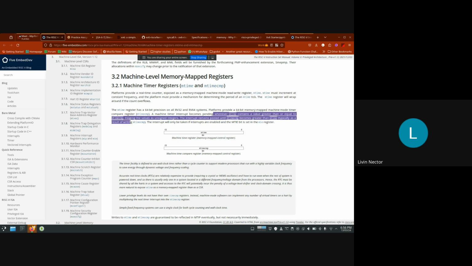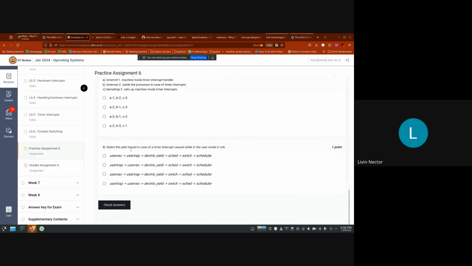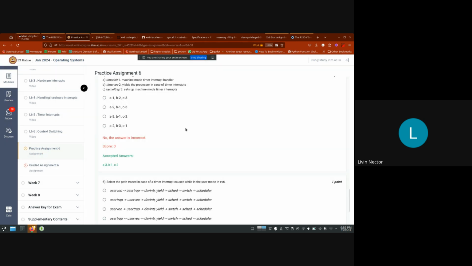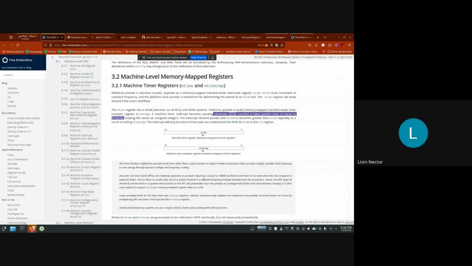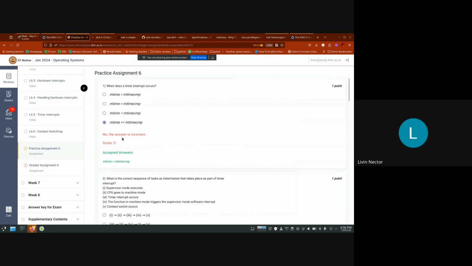Okay, then it will be greater than or equal to. The answer is given as greater than? Okay, then it's greater than or equal to only. The machine timer interrupt occurs whenever this holds. So that's greater than or equal to. Okay, that's correct. We'll change that.